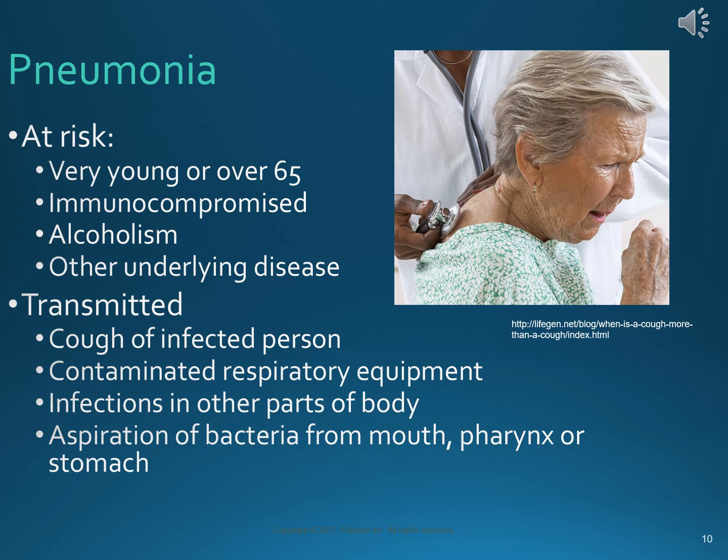So those biologics are great for the autoimmune diseases, but you really have to be careful with infection control. Alcoholism, because of aspiration, and also because alcoholics are quite often malnourished. And then, there's a lot of underlying diseases, especially chronic lung disease, COPD, those sort of things.